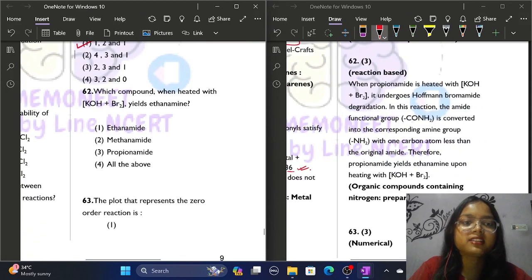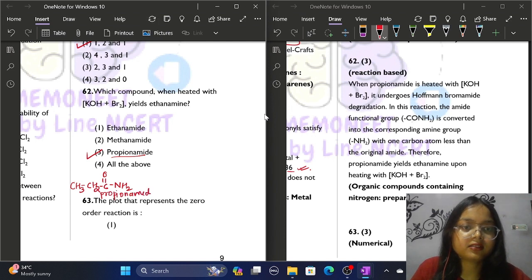For question number 62, which compound when heated with KOH plus Br2 yields ethanamine? Among these, the correct option will be option number 3. Propanamide when heated with KOH and Br2 yields ethanamine. The structure of propanamide is CH3CH2C(=O)NH2.